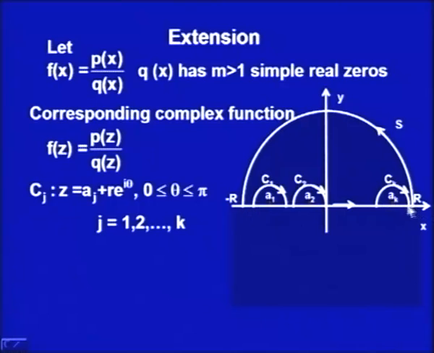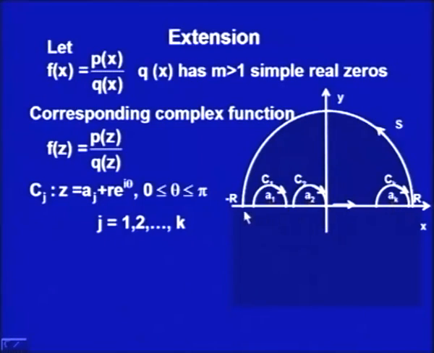Now we take this closed contour ranging from A_k plus r to capital R, then this semicircle, then the region of the real line from minus R to A1 minus r, then this small semicircle C1, then the portion of the real line from A1 plus r to A2 minus r, then this semicircle and so on.